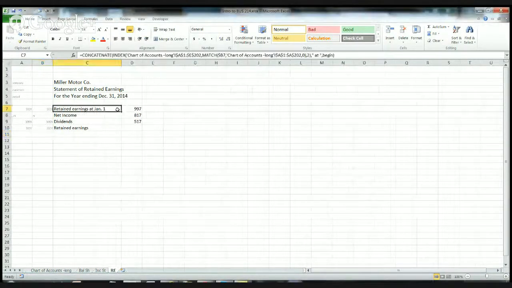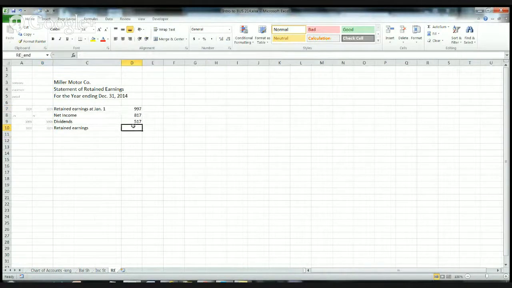So a couple things here. So this is what accounts do. How much did I start out with? Well, I had 997 of them. I increased it by 817. Oh, but I used 517. Dividends are what we pay out to the owners. Retained earnings. I had $817 in earnings. Did I retain it all? No, I gave parts of it to the owners.